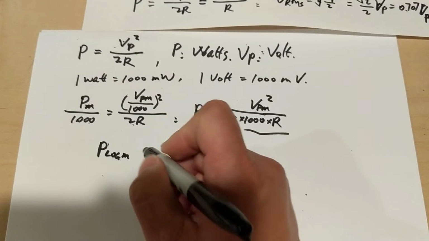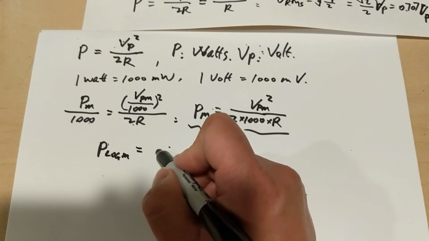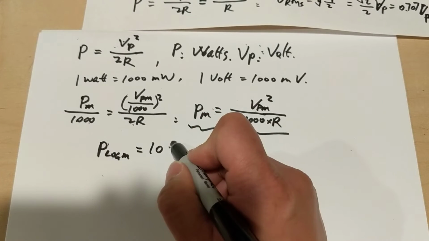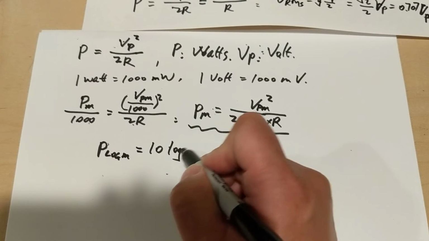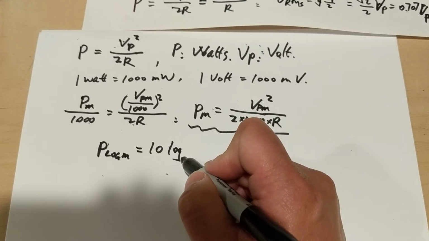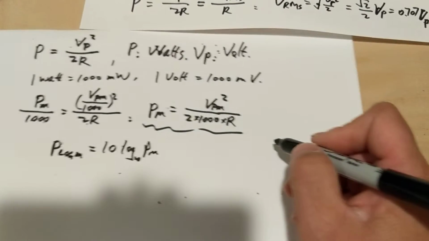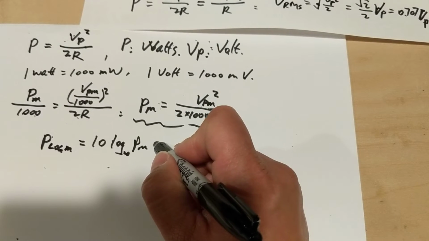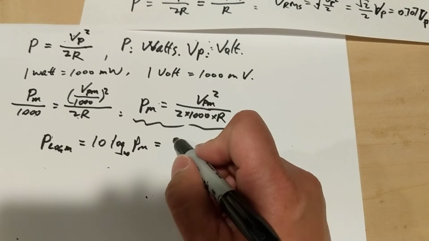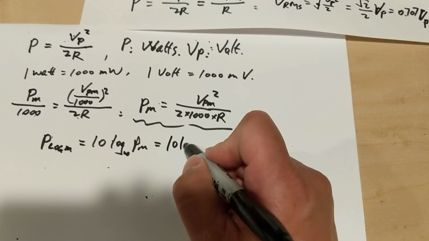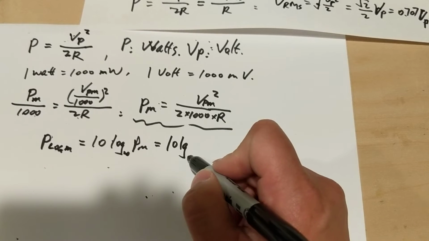In milliwatts, we define this as 10 times log base 10.